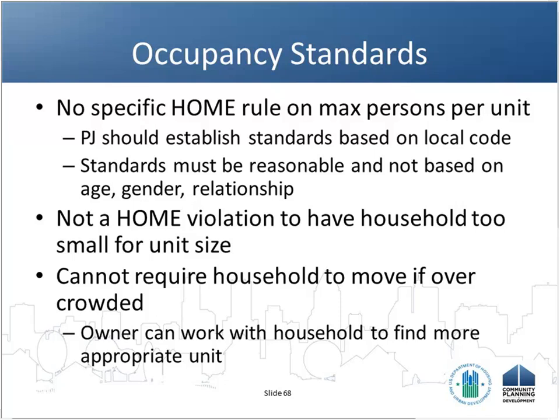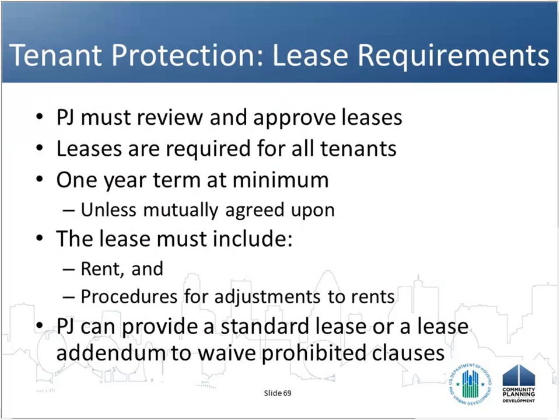There is not a HOME requirement about minimum numbers of individuals per size of unit. And we also would not require a household to move if they became overcrowded. Now, we may, of course, work with that household and try to help them get into a unit that's going to be more appropriate for that household size, but we're not going to require them to move from their unit.